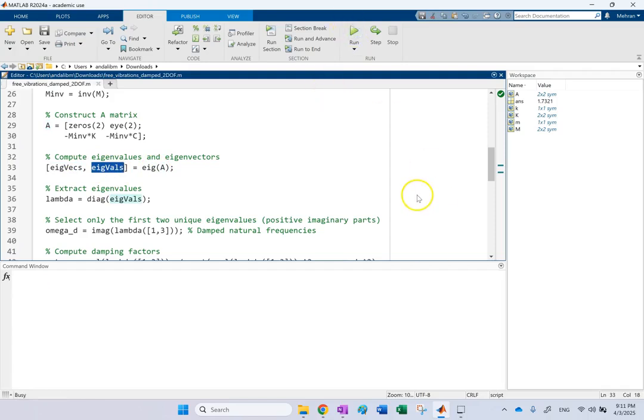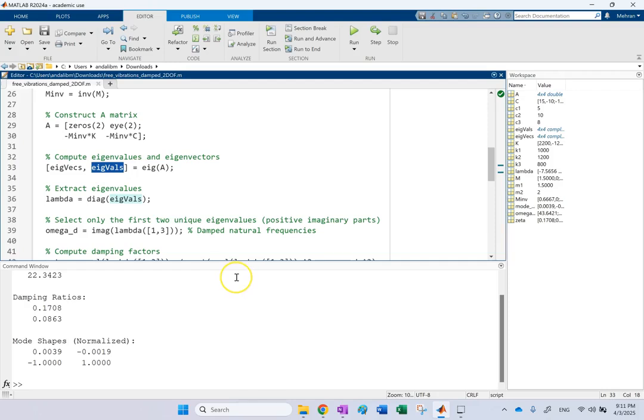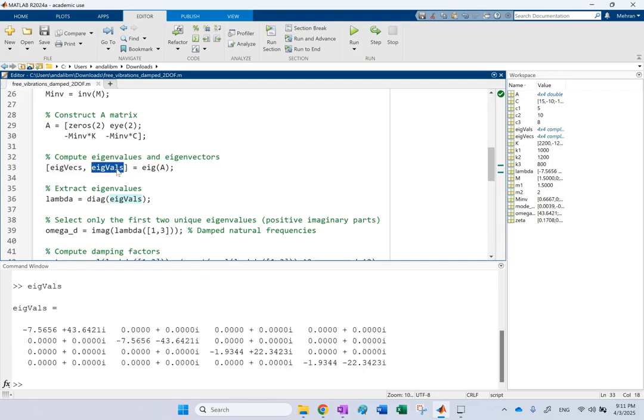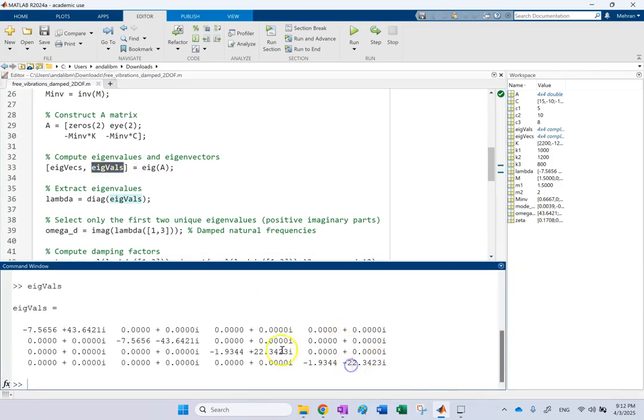And look, if I run it, actually you'll see that they are actually complex numbers. Let me show you these eigenvalues here. Look, these are my eigenvalues. We only need to look at the diagonals, right? Look, they all have complex portion, because this system has a harmonic response. So all of them are complex.